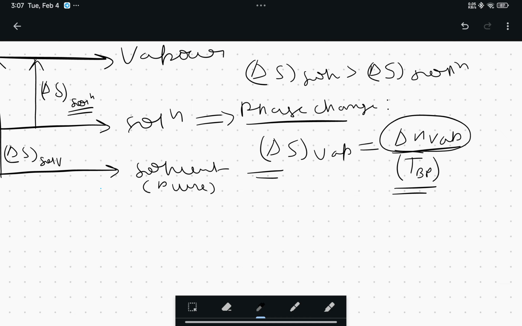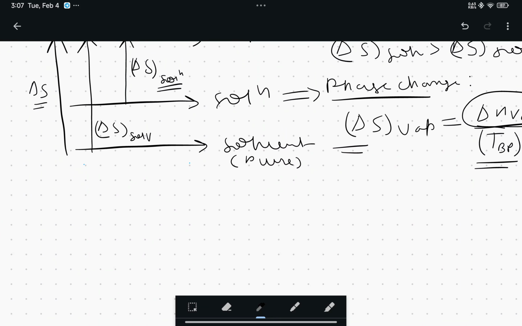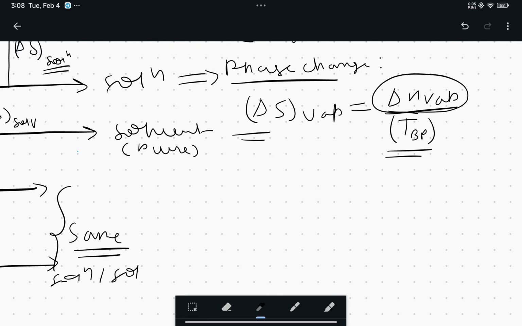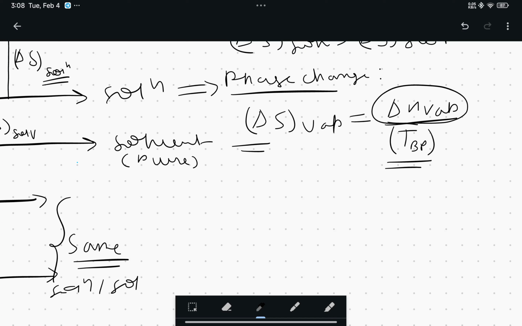Therefore the enthalpy of solution and the solvent will be the same. So this is the solution as well as solvent, and this is vapor, delta H. This is same. So this quantity is always constant.